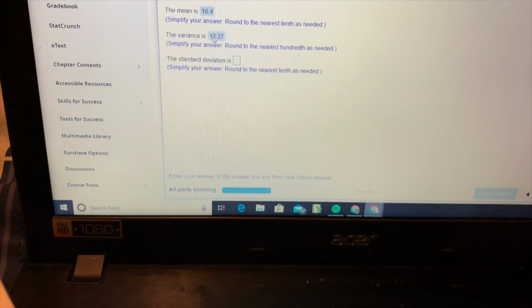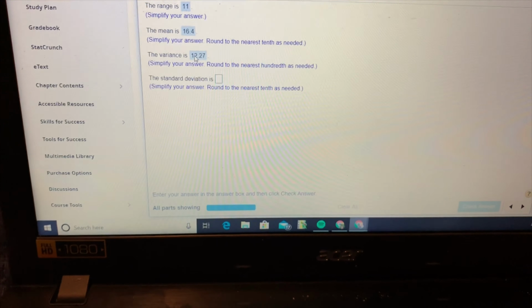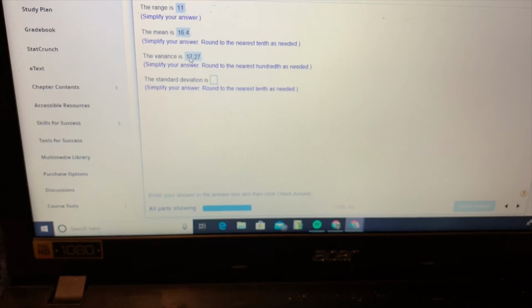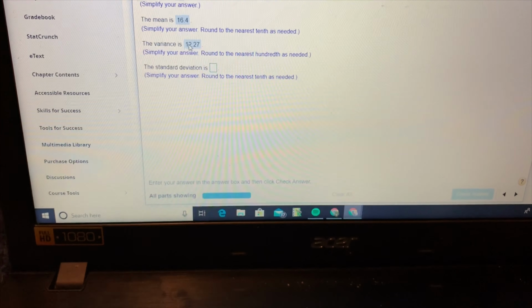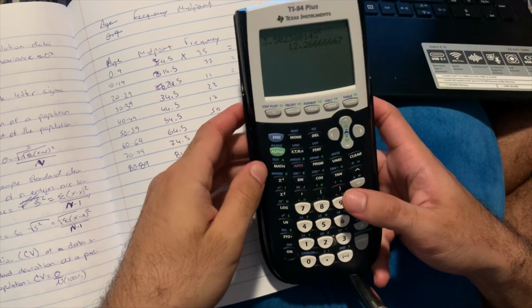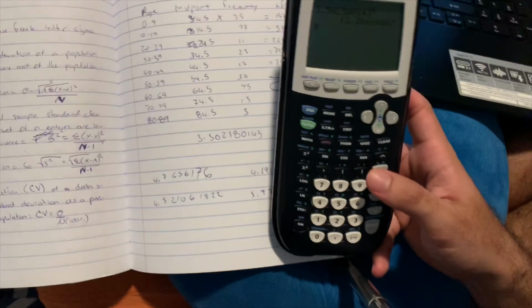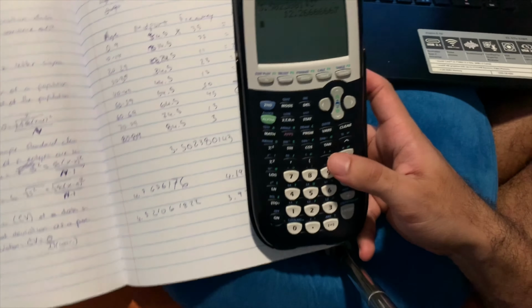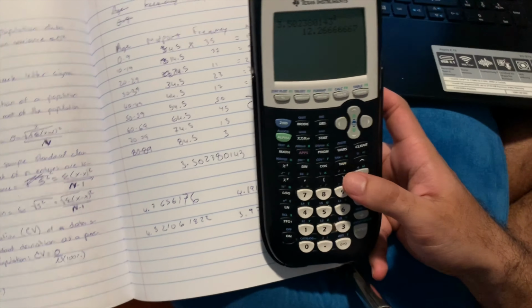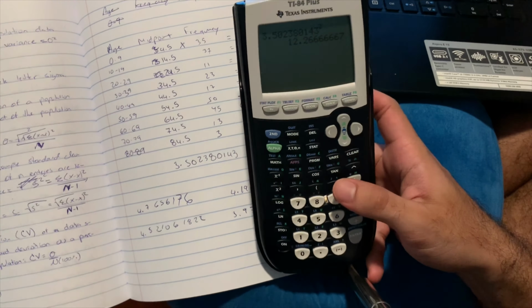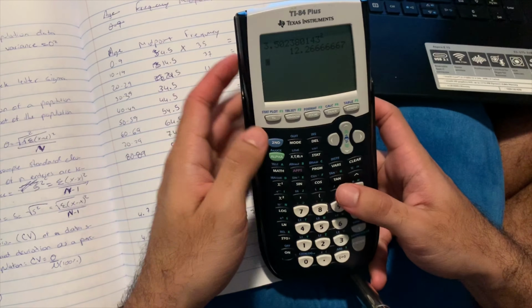Okay, our fourth question is going to be the standard deviation. Now we're gonna look for our standard deviation. If it doesn't say otherwise, the standard deviation is gonna be the same as the sample standard deviation.